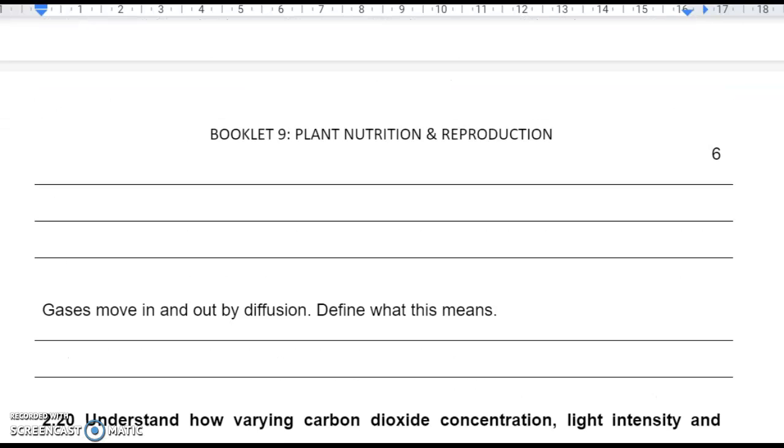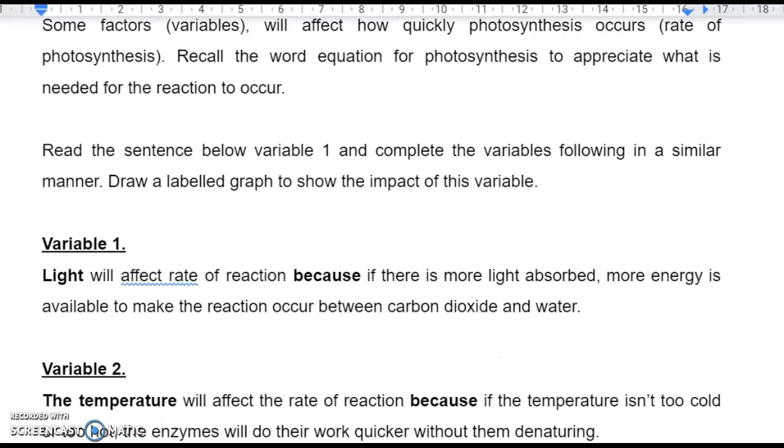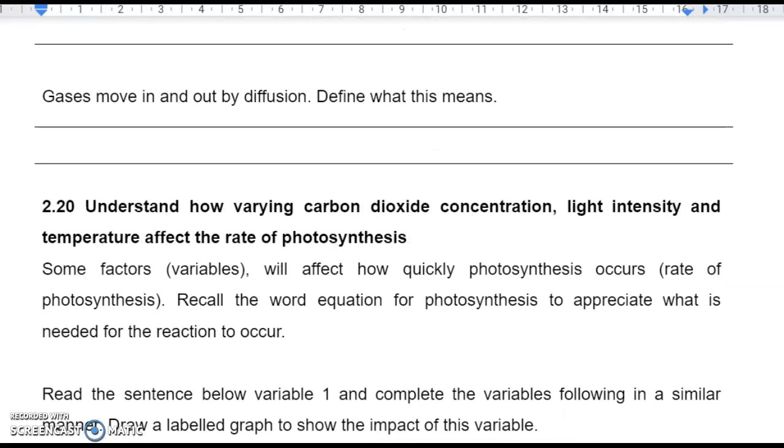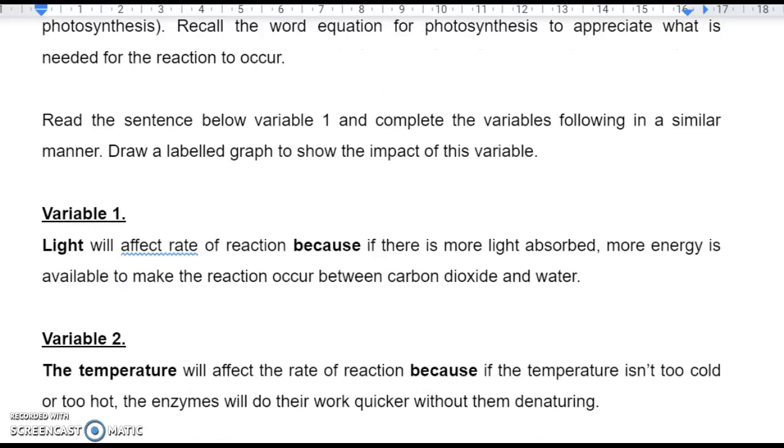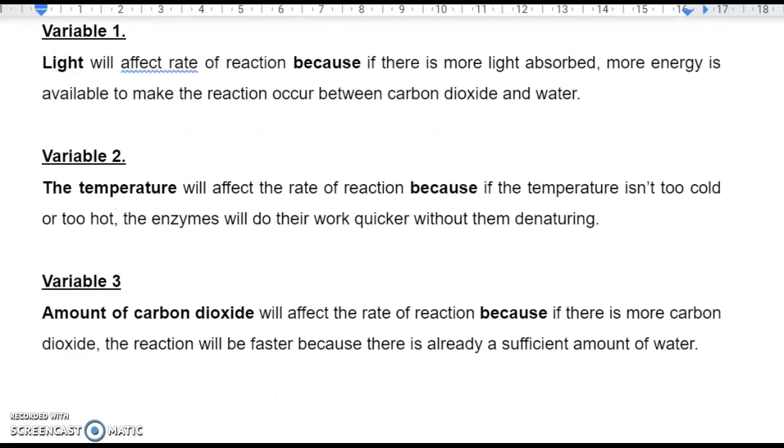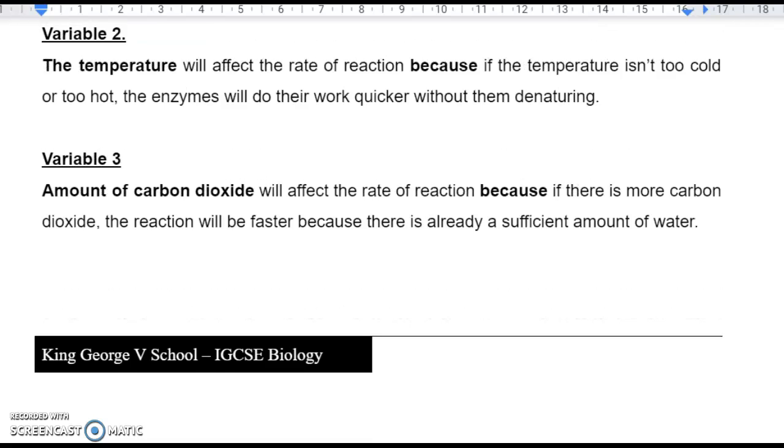Now, the other thing I want to make sure that you have done, we'll come back at this bit, is looking at the factors I was talking about before, about limiting factors. So in here, you need to write about how temperature is going to affect it, how carbon dioxide is going to affect it. So if you want to check back on the answers, come back and pause that.